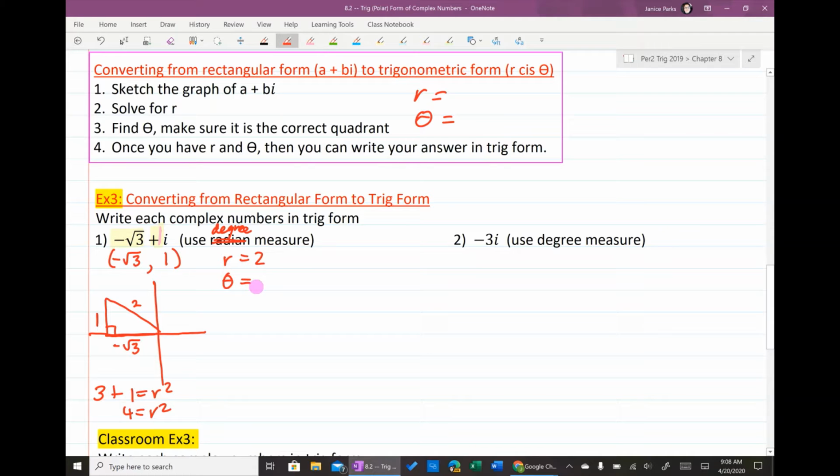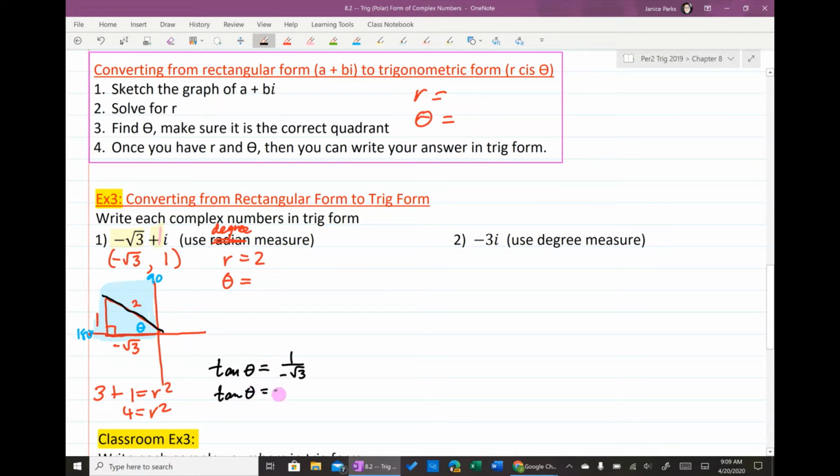Now we need theta. In order to find theta, you should know that the answer is going to be somewhere between 90 and 180 because we are in quadrant 2. So it's going to be over here. Tangent theta is equal to 1 over negative radical 3. You can simplify that if you want, or you can just put that directly in your calculator.